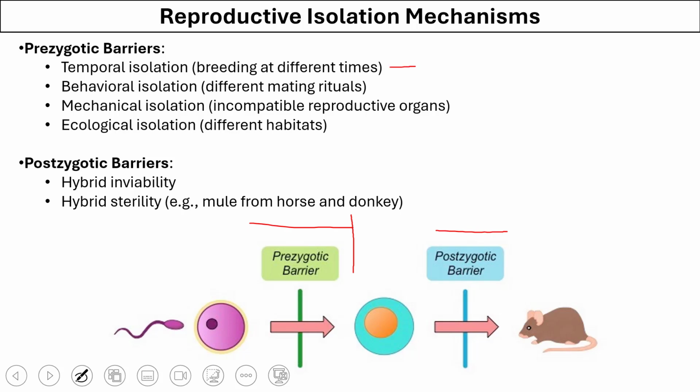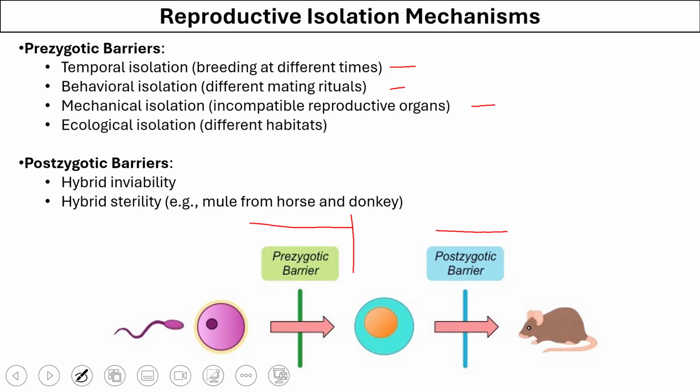First would be temporal isolation. That means the two organisms of the same species are now having a different breeding cycle, or different breeding time, or their breeding behavior is now different, their breeding rituals are different, or there is incompatibility between the reproductive organs.